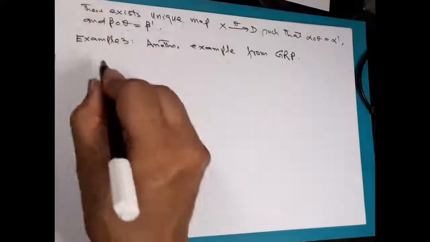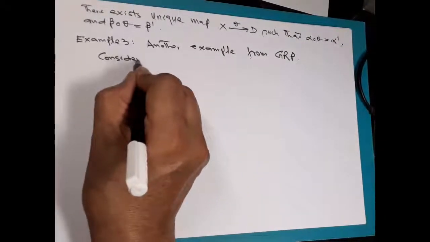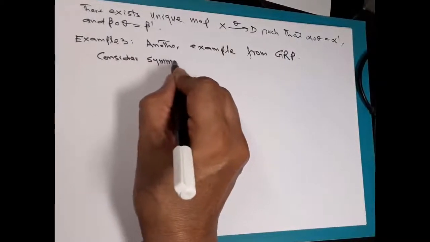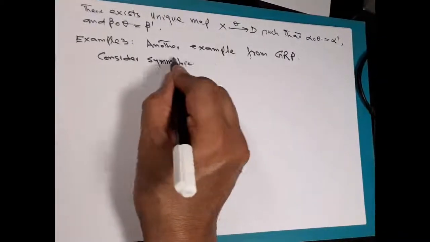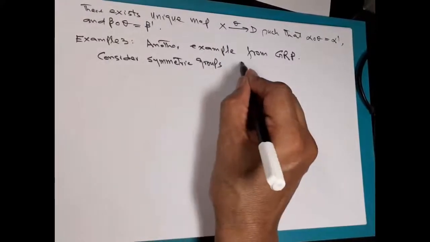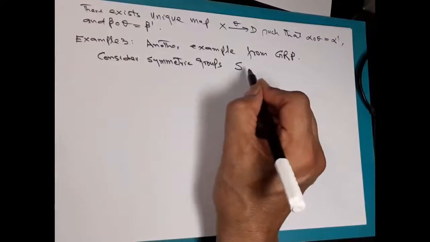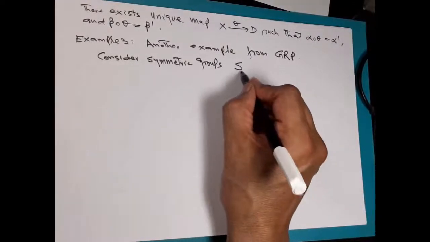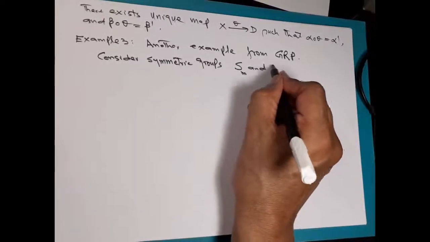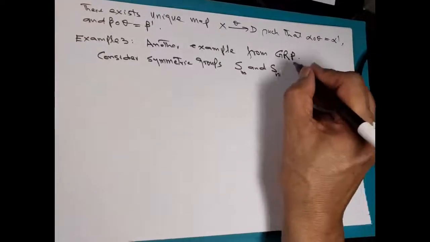So consider symmetric groups Sn and Sm. We take two symmetric groups Sm and Sn, and you understand what I mean.